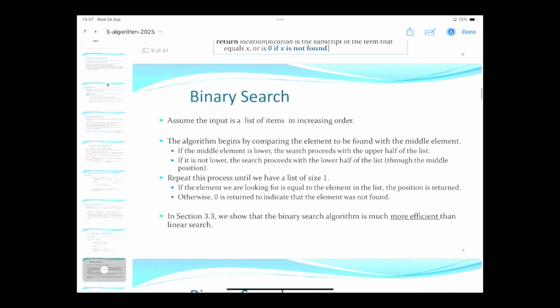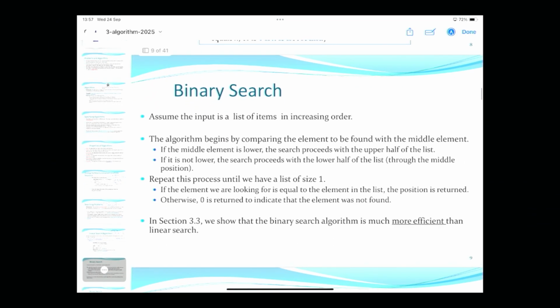Let's see a different way to search, that is binary search. We talked about this briefly last week as well. The same problem, finding x in the list. For this technique or algorithm, the input list has to be sorted first, so that A1, A2, and so on are in increasing order.